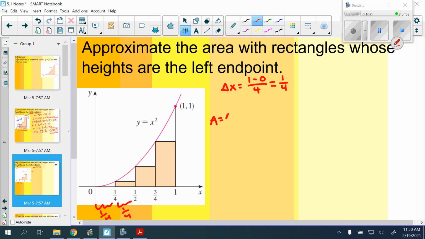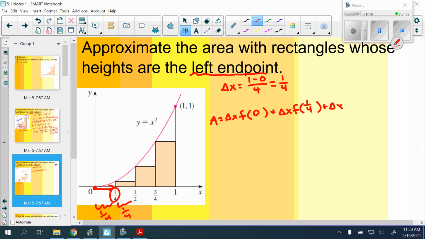So we're going to have our change in x times the height of that first rectangle. If we're using left endpoints, we would use the height at the left side. Well, the height at the left side here would be the height at 0. The next one would be the height if we moved over a fourth, so now we're at 1/4.